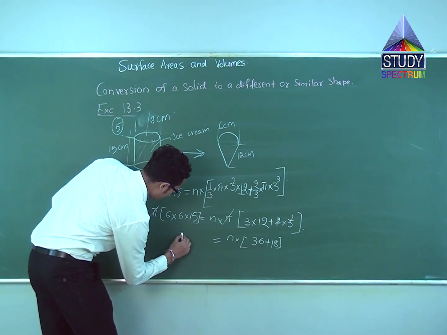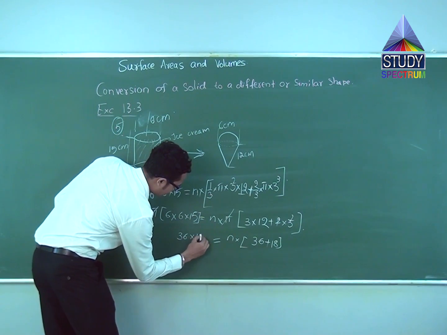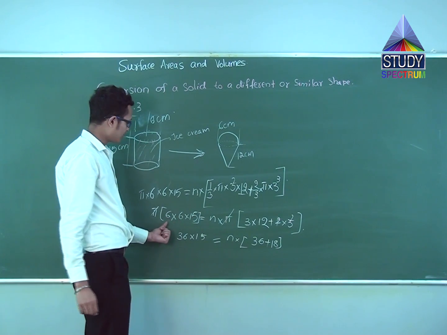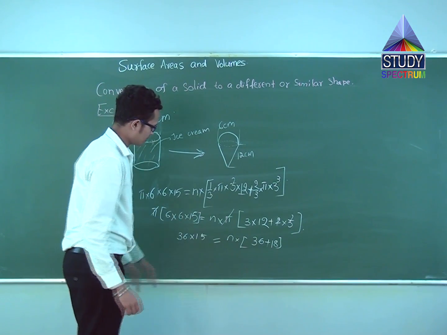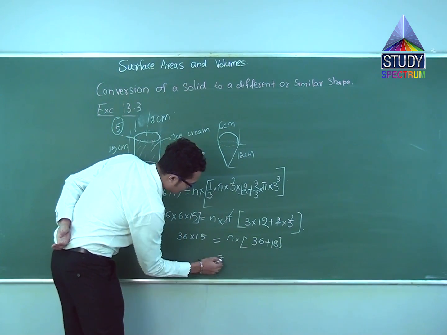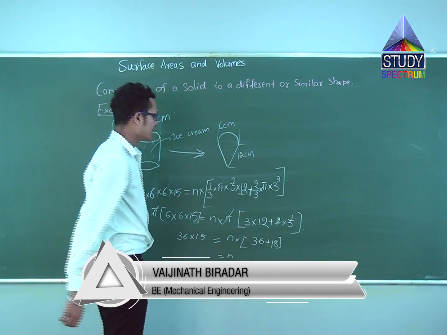So this is 36 into 15, I multiplied 6 by 6 here, and this is equal to n into 36 plus 18 is 54.